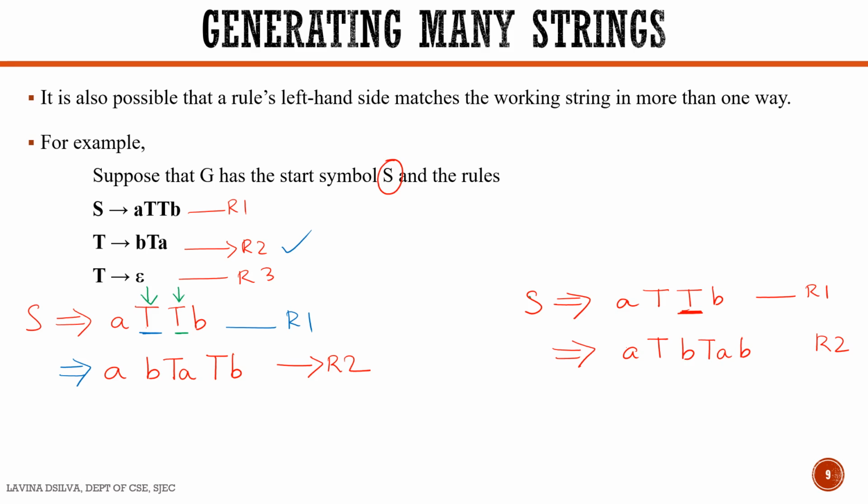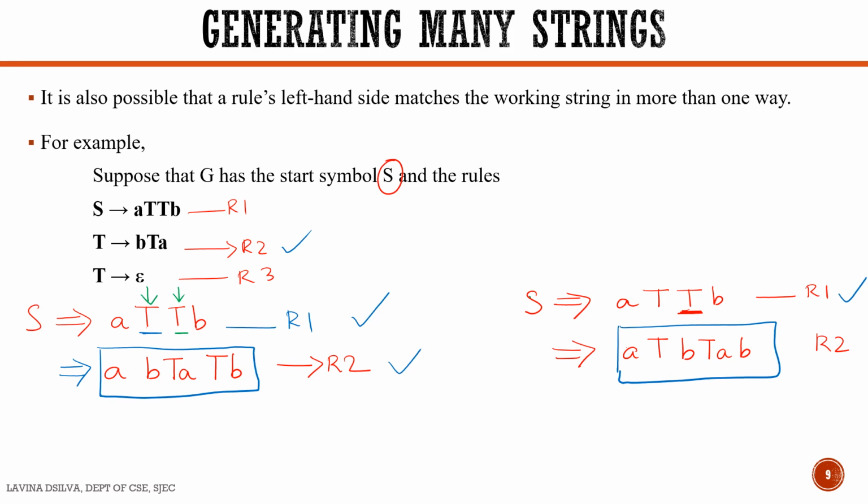Now if you compare these two strings, we have used rule number 1 in the first case and rule number 2 in the second case. So though the same rule is used, depending upon the position of the non-terminal, there may be a scenario where a string is generated in more than one way and different kinds of strings are generated.